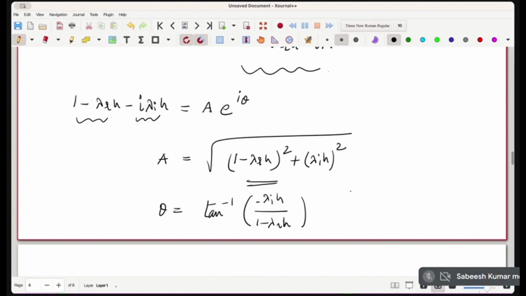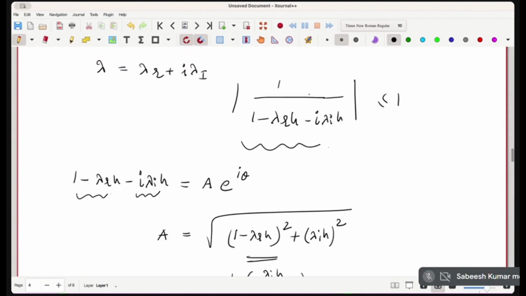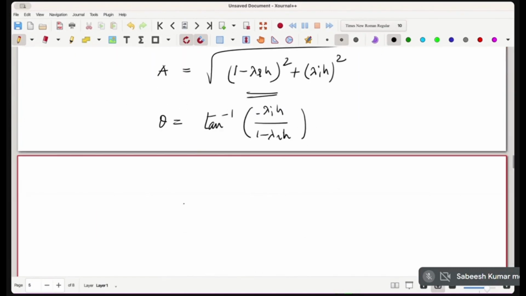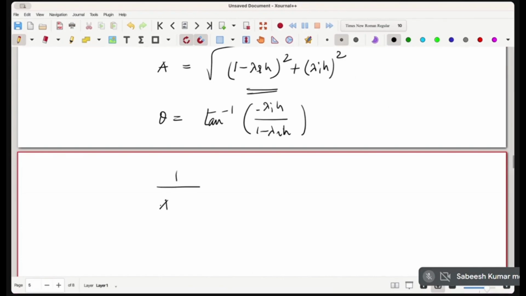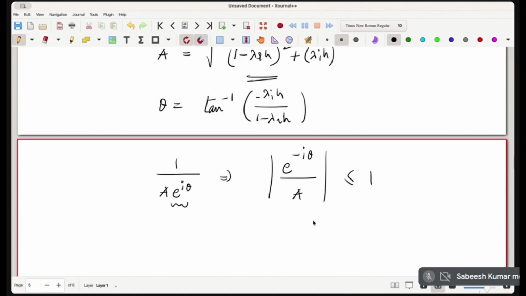If this is the case, then I can write this essentially as 1 divided by a times e to the power i theta. That means this can be written as e to the power minus i theta divided by a. And then we are looking at the modulus of this to be less than or equal to 1. I brought this e to the power i theta to the numerator, which became e to the power minus i theta divided by a.